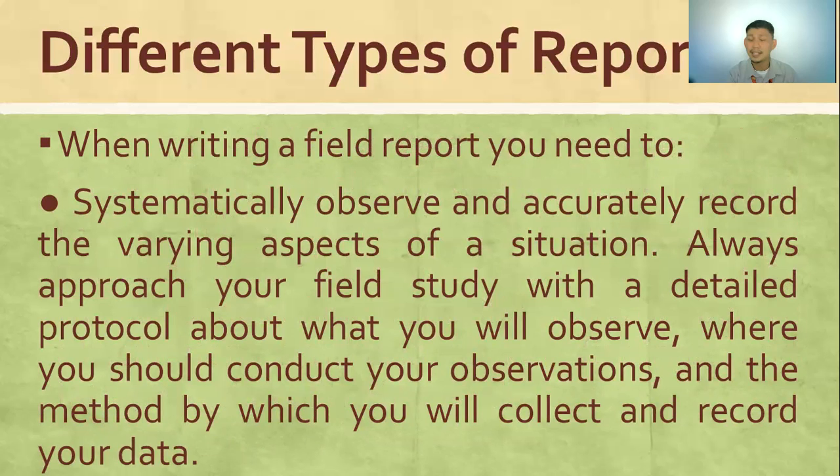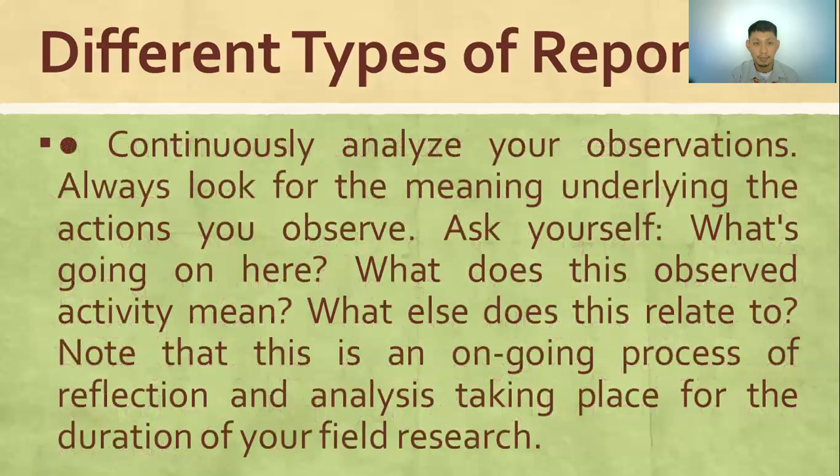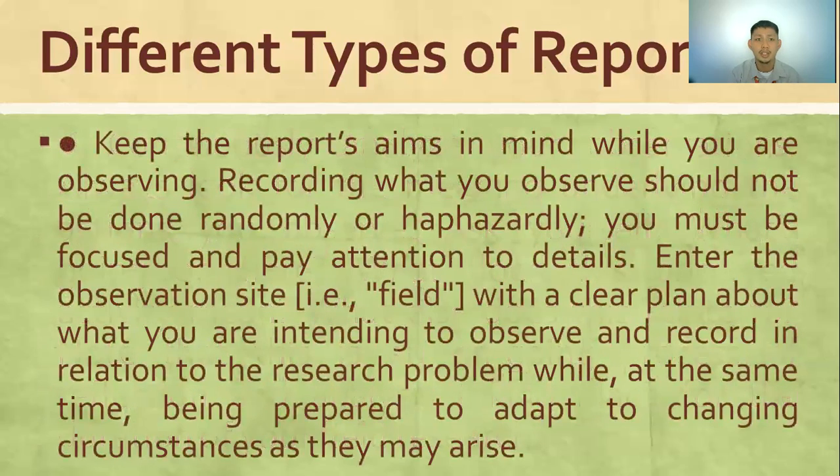Also, it has to be systematically observed and accurately recorded, varying the aspects of your report. You have to continuously analyze your observation, and you should not stop at whether the information is complete or incomplete.